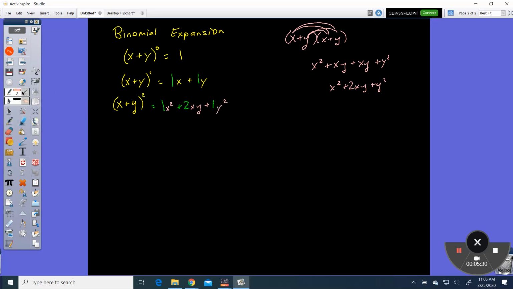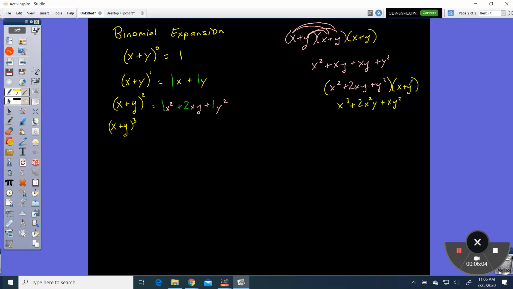So now the next one is x plus y cubed. So that means I really have 3 of them. So there's 2 of them, and now I'm going to put a third one on there. So now there's 3 of them. So I'm going to take the answer from these 2 and multiply it by x plus y. So x times x squared is x cubed. x times 2xy, well, x times the x makes an x squared, so it's 2x squared y, and x times y squared makes xy squared.